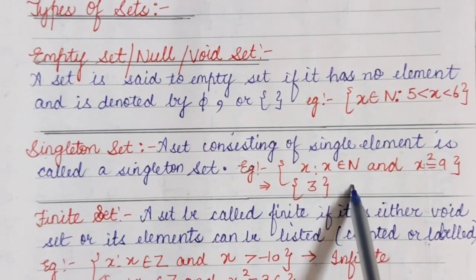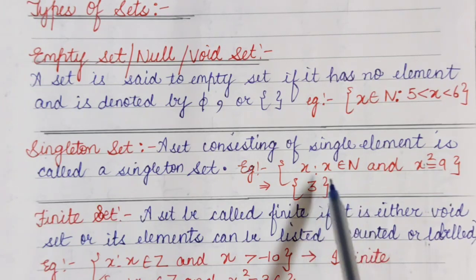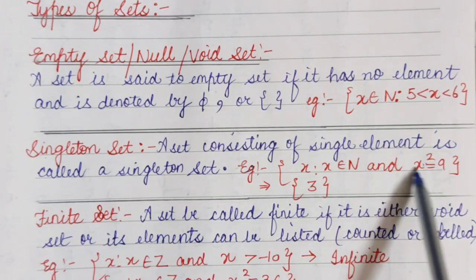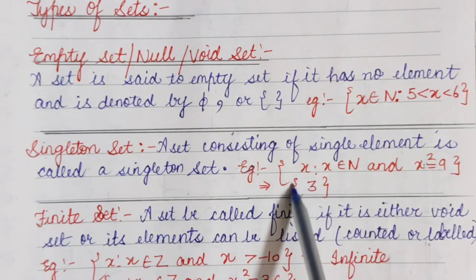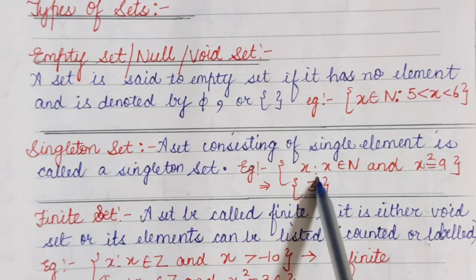We will only and only take plus 3. So it means in this particular set what is going to come? Only 3, only one element. So what we will say? A set which will contain only single element, that will be known as singleton set.